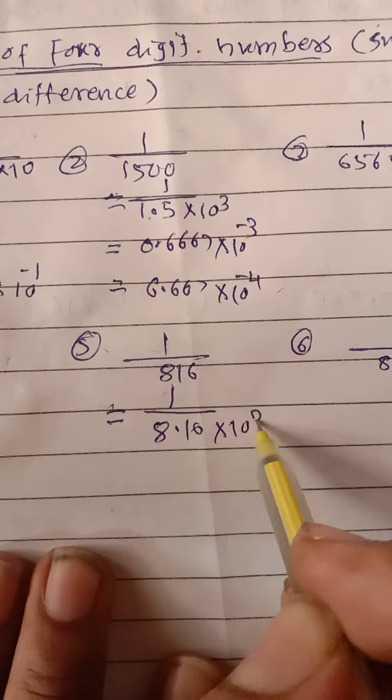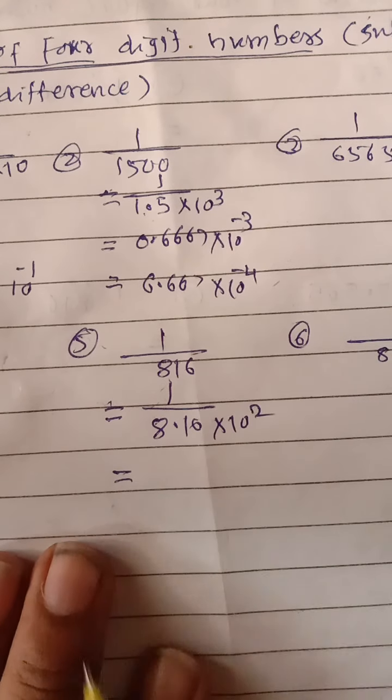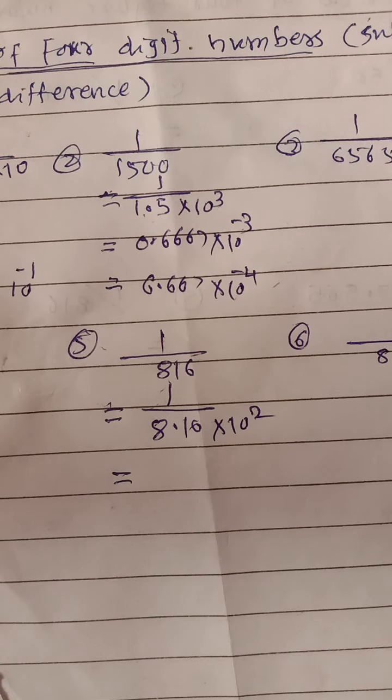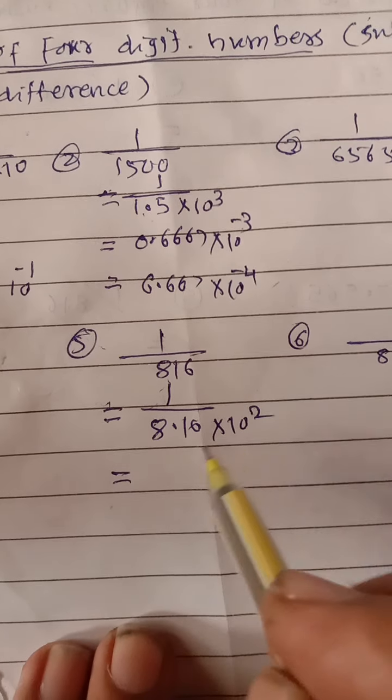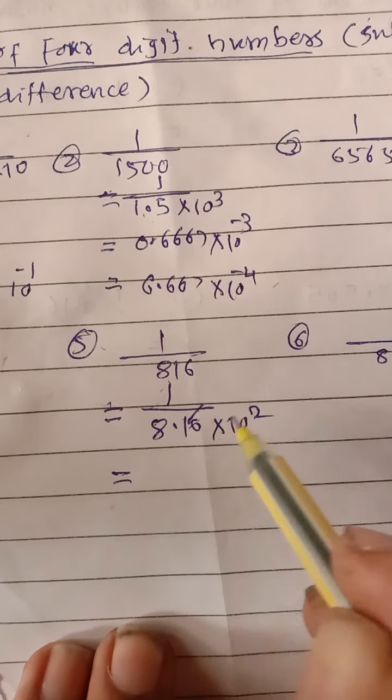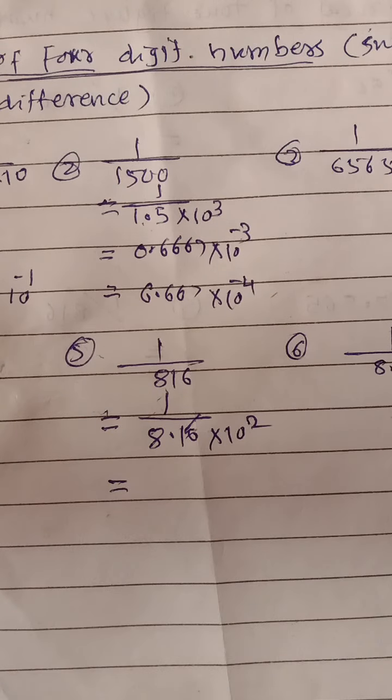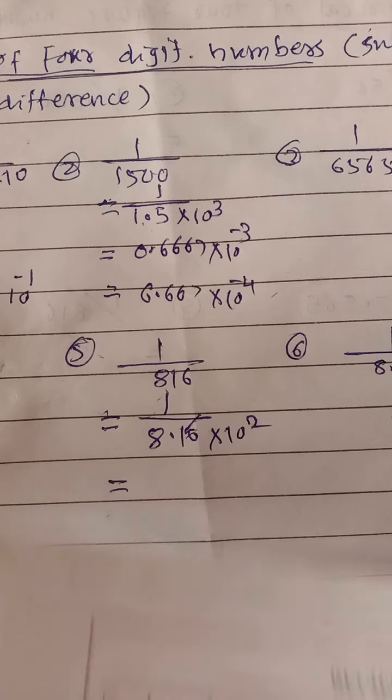Then we will proceed to the next one, that is 816, which will be written as 8.16 into 10 raised to 2. We will have to find out the reciprocal of 8.1 in the sixth column, and therefore we will proceed for this 8.1.